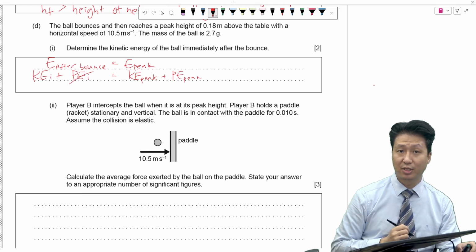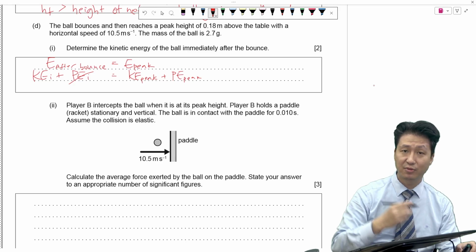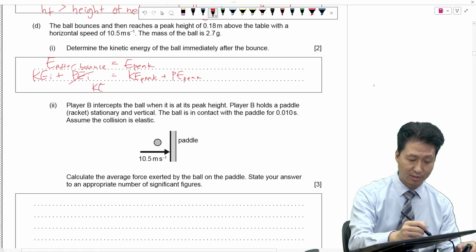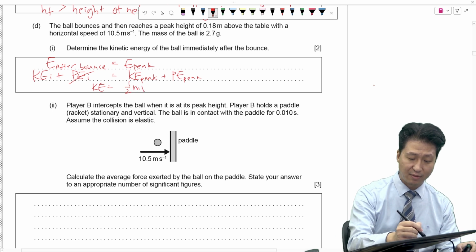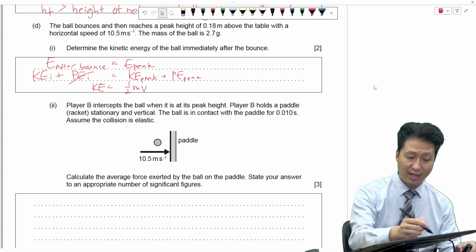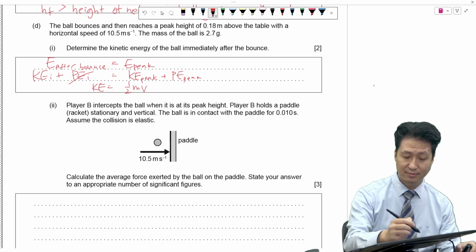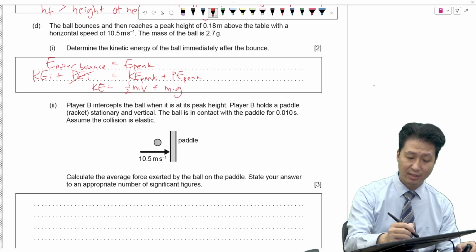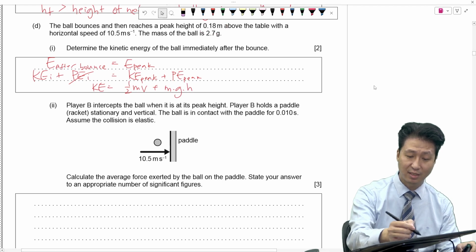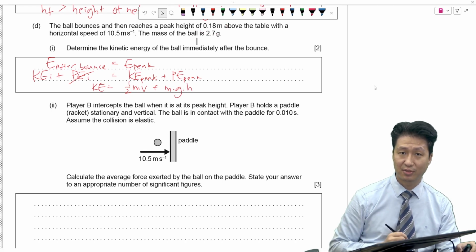This initial potential energy is 0 because when it hits the table, the height is 0. So the kinetic energy will equal 1/2 the mass times velocity at the peak, which is going to be 10.5 meters per second squared, plus the mass times the gravitational acceleration times the height of 18 centimeters.